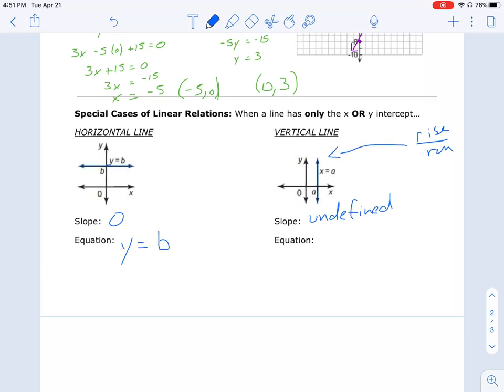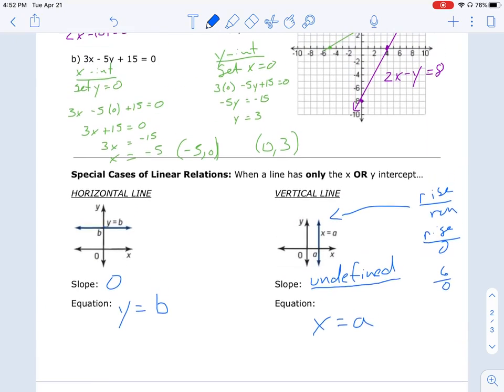So the run is 0. So it would technically be rise over 0. But we know that any number divided by 0 is undefined. Hence why the slope of a vertical line is undefined. Or the equation of this, x is equal to whatever a value that we come across along that line.